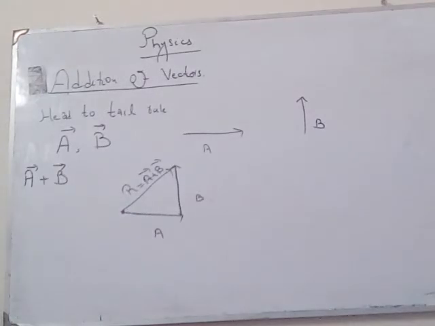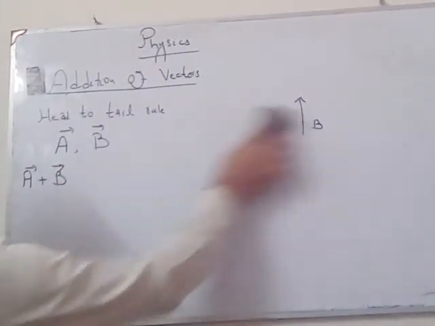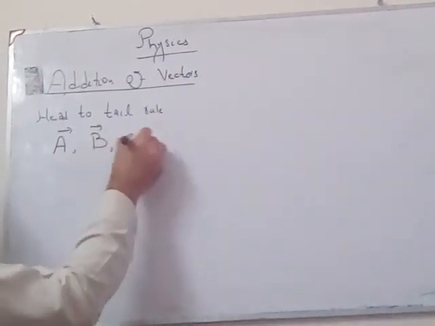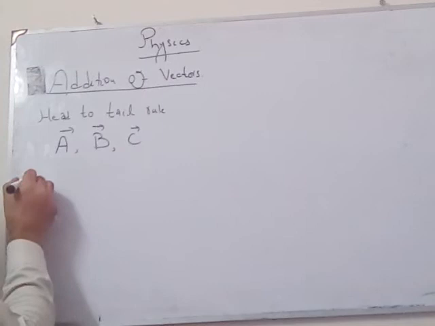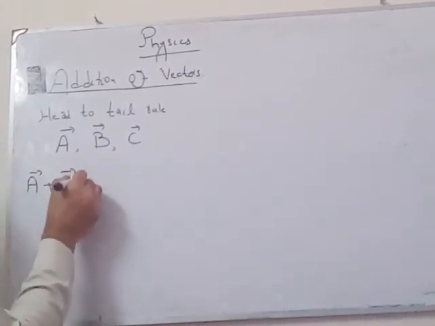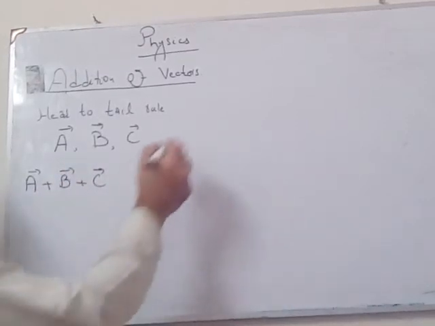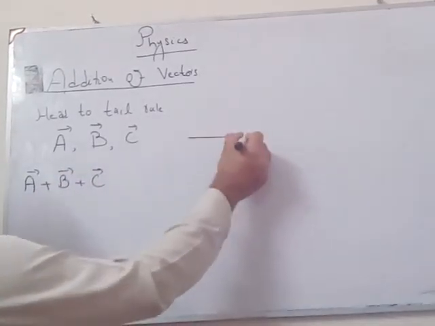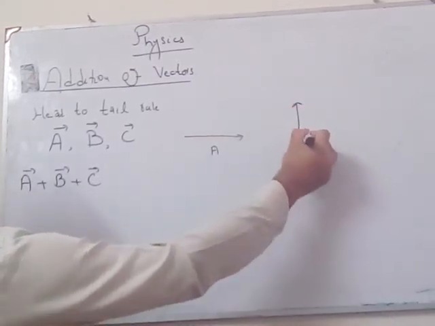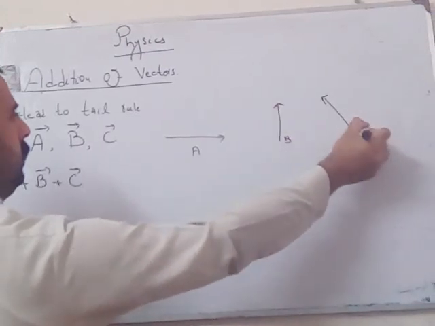Now if we have more than two vectors, like if we have three vectors A, B and C, and we want to add vector A, vector B and vector C by head-to-tail rule, then for example we have vector A in this direction, vector B in this direction and vector C in this direction.